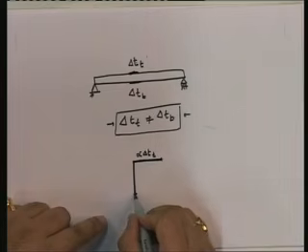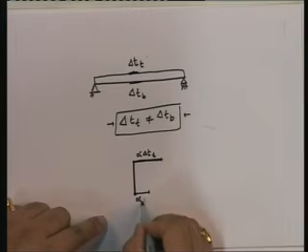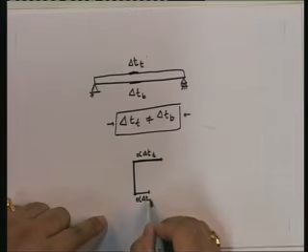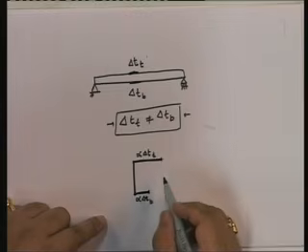And what is going to be the strain at this point? It is going to be alpha delta T bottom. Since these two are not the same, these two are not going to displace the same.